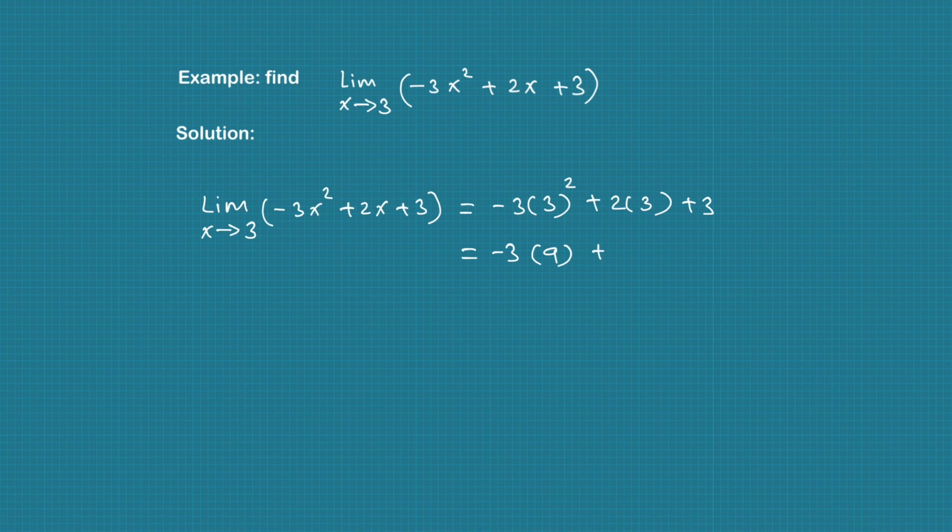The limit of the function negative 3x squared plus 2x plus 3 as x approaches 3 is obtained by plugging in x equals 3 in the polynomial. Therefore, the limit is equal to negative 18.